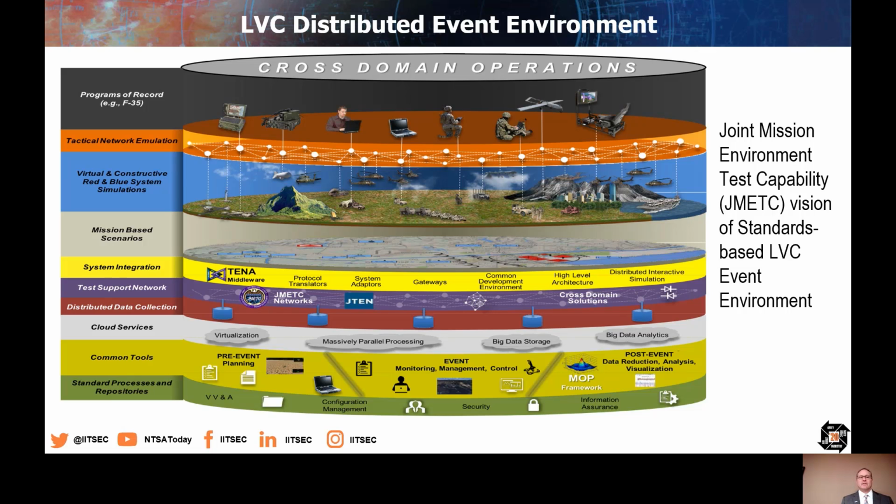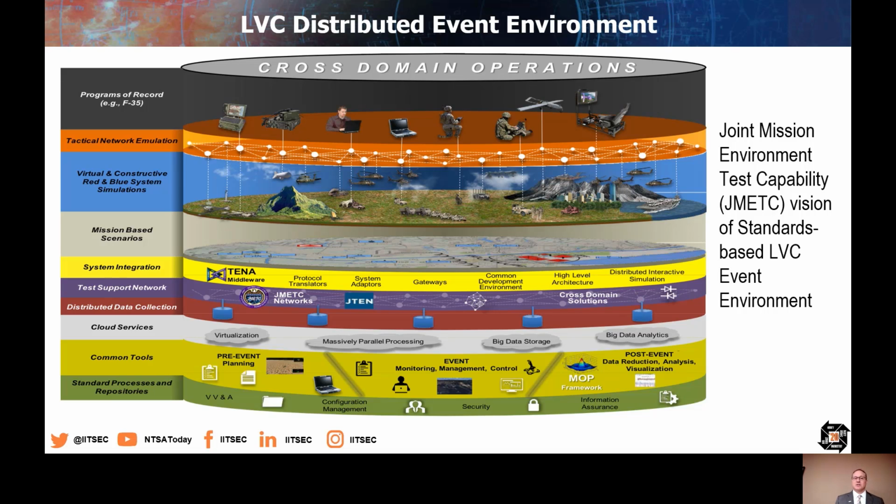Then underneath that, we need virtual and constructive red and blue system simulations. Not only do we have to have a representation of blue forces, we also typically have to have a representation of opposing forces in different simulations to accurately model their behavior, so we can evaluate the effectiveness of our weapon systems.